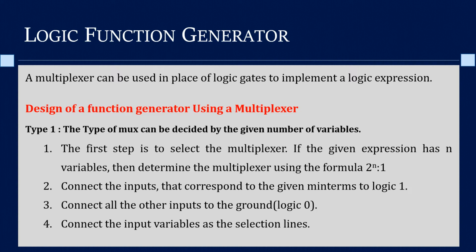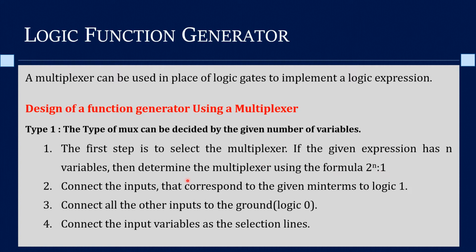Now let's look into the procedure for designing a logic function generator using a multiplexer. If the type of the multiplexer is the same as the given number of variables, then the steps for designing the logic function generator are as follows. The first step is to select the multiplexer. If the given expression has n variables, determine the multiplexer using the formula 2 raised to n is to 1.